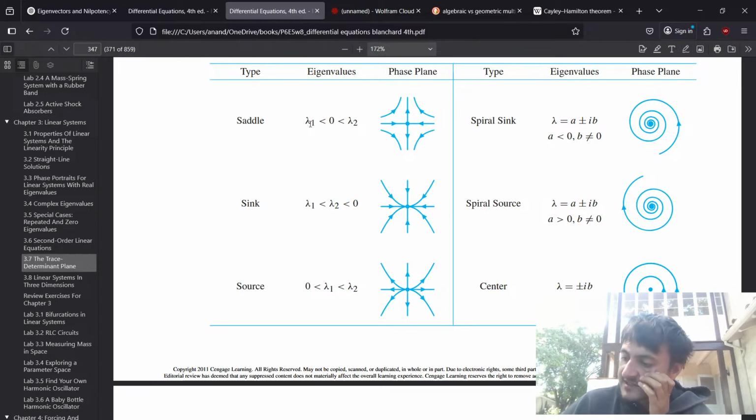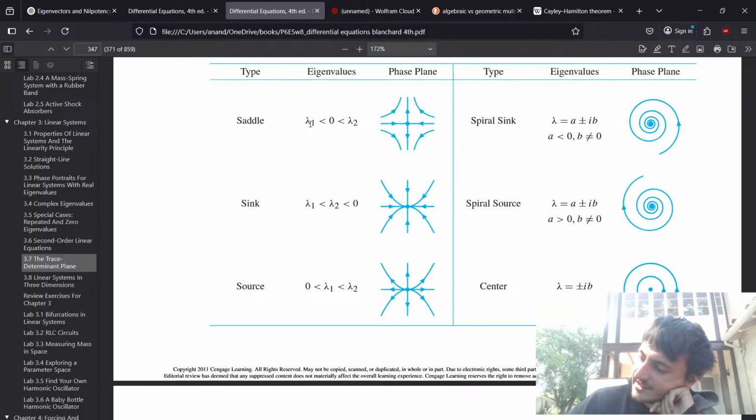Okay, a repeated sink is lambda 1 equals lambda 2 is less than 0, then a repeated source is when 0 is less than lambda 1, which is equal to lambda 2.